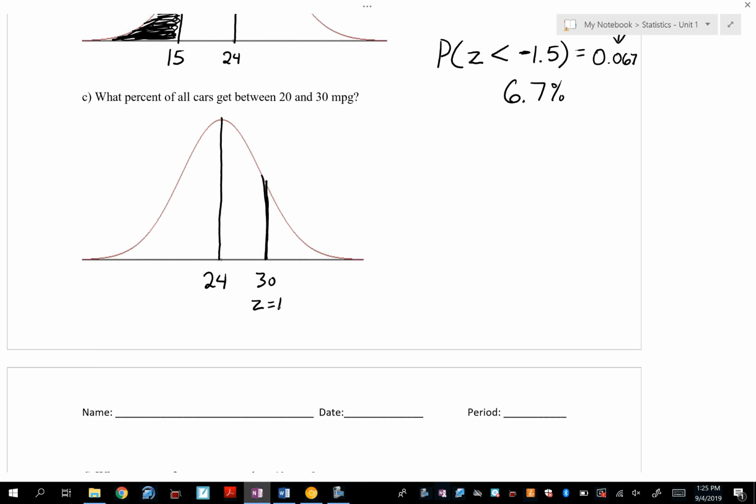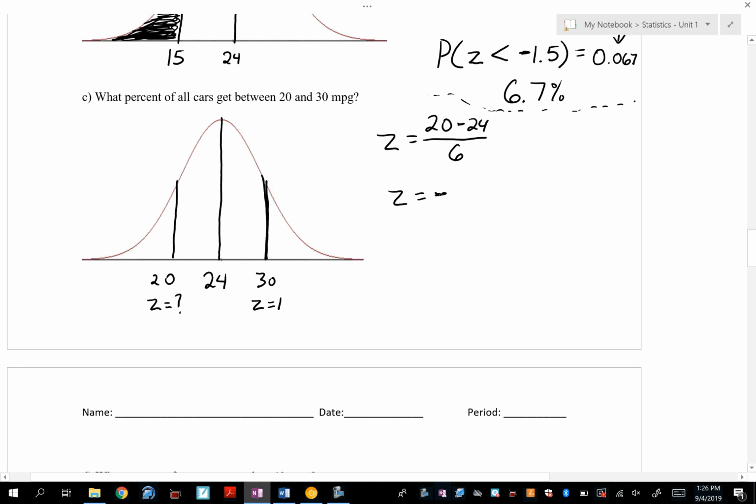Now, 20 isn't. 20 is a little further down, so I don't know what that z-score is going to be. So I'm going to find that z-score. All right, so let's find it. So we have z equals 20 minus 24 over 6. So what is 20 minus 24 divided by 6?